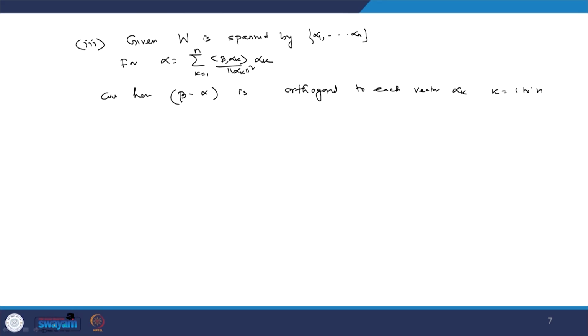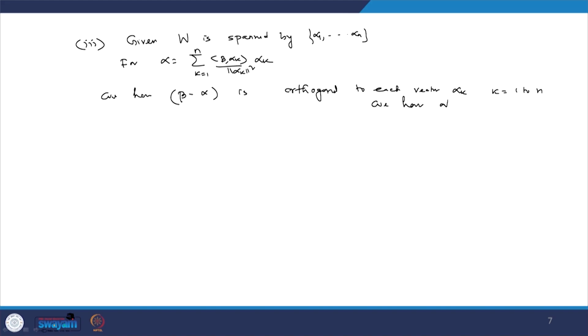We have already checked that if I consider beta minus this vector and denote it by gamma, then gamma will be orthogonal to each vector alpha k. So, that is why I can say beta minus alpha is orthogonal to each vector alpha k, which we have already seen.